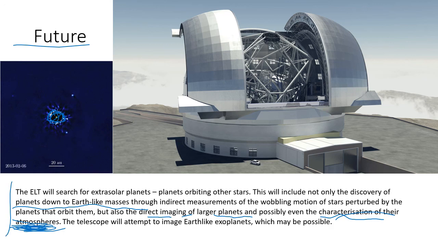So next generation of telescopes, and I say the ESO are not the only ones, so the Americans are as well, designing these enormous engineering feats in order to be able to image planets in the future and get characterization of their atmospheres.